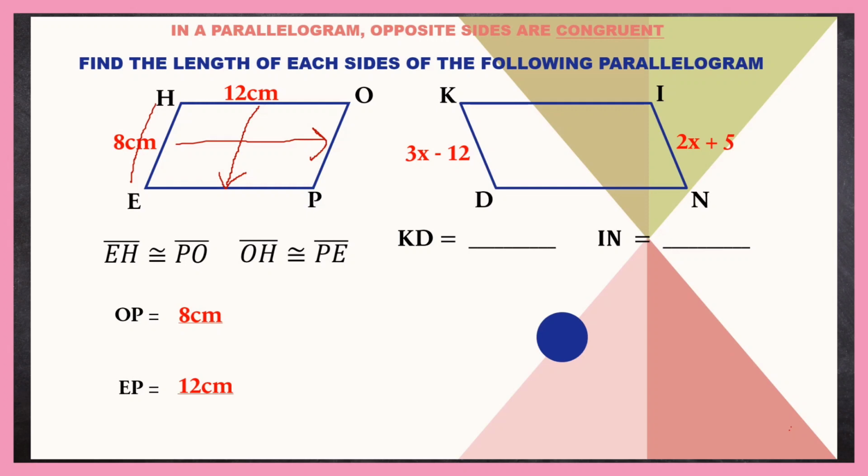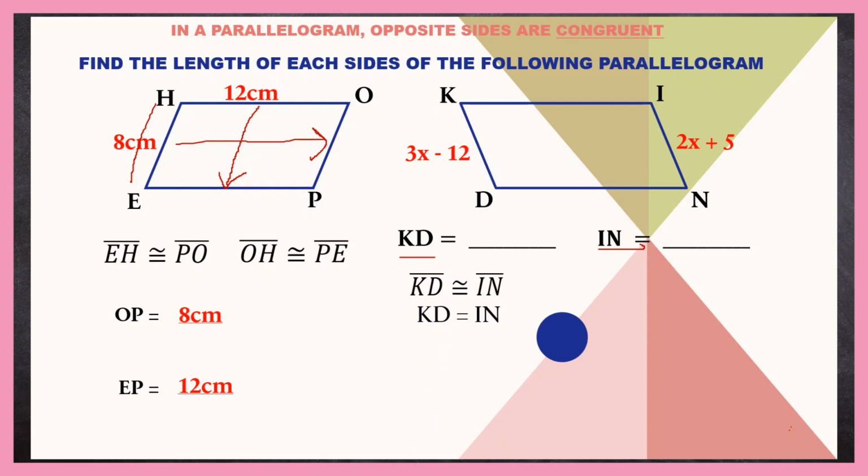Okay. Then let us proceed to figure number 2, or parallelogram KIND. So we have, in the given figure, we are asked to find the length of the sides KD and IN. Since line segment KD is congruent to line segment IN, it means that their measurements are also equal. So we conclude that KD is equal to IN.